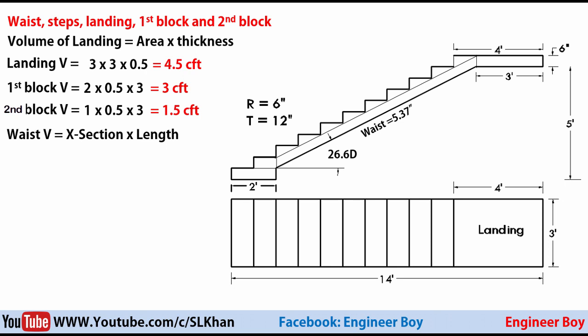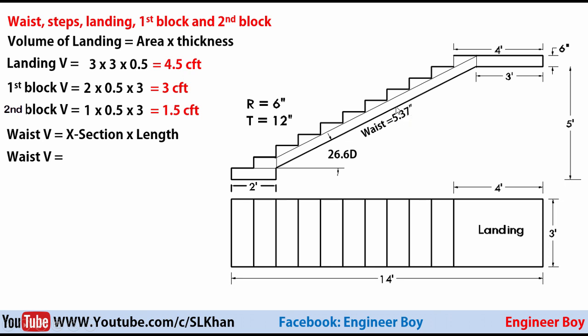The next thing is the volume of the waist. It is again the sectional area times length, but here we have some complication. The cross-sectional area of the waist is a rectangle whose depth is the waist depth, which is 5.37 inches.